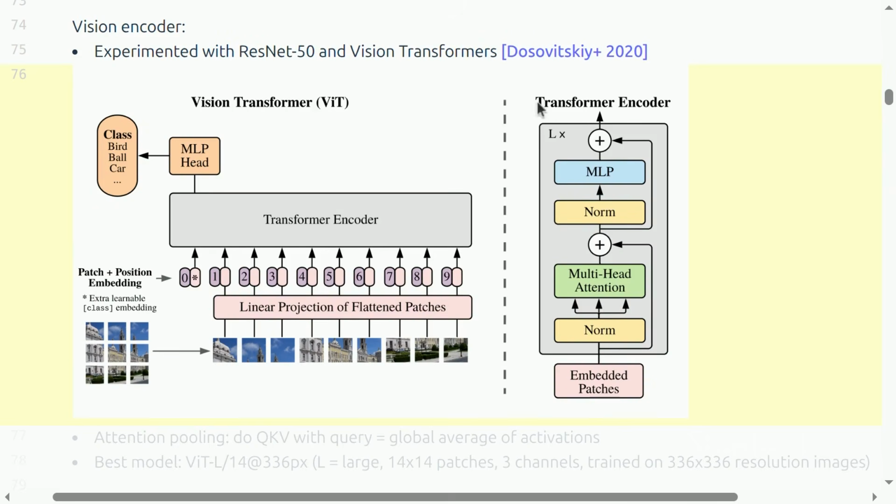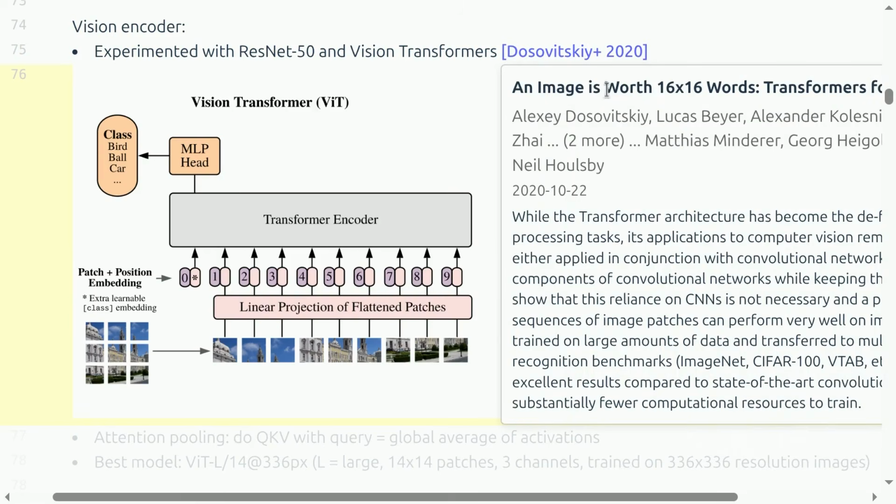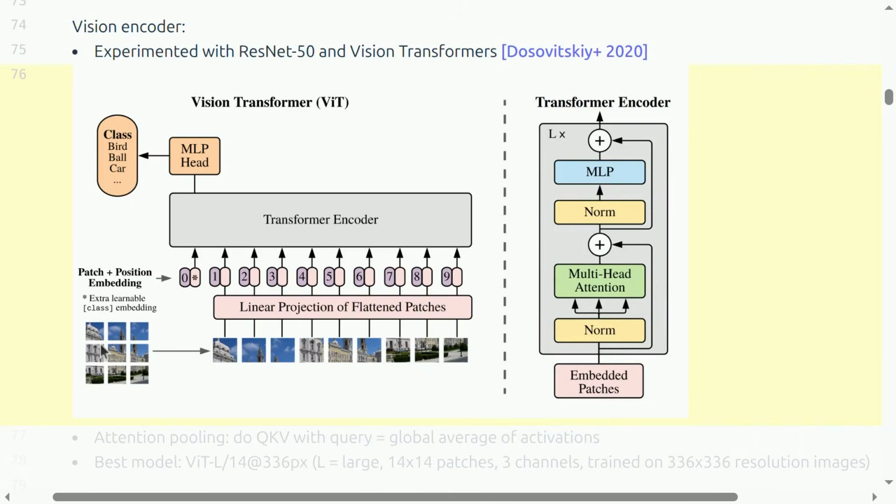I think the original paper used 16 by 16, but CLIP used 14 by 14. These little patches are basically vectors, so each patch is, in some sense, a token for the vision transformer. You add the positional embeddings, just like when training a language model, and then put it through a standard transformer.